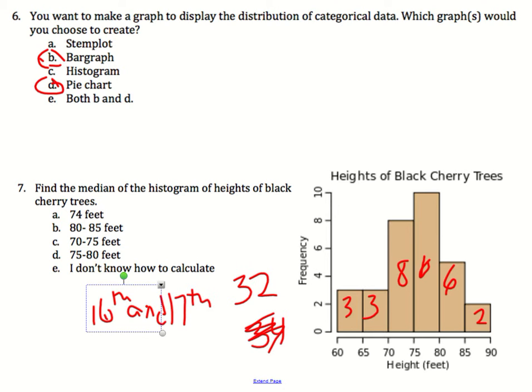So if we think about that, here's the first 6 numbers, 6 plus 8. This would be the first 14 numbers, and so if we add 10, the 16th and the 17th numbers are going to be in this interval right here, which means they're going to be between 75 and 80. So that's how we would do that.